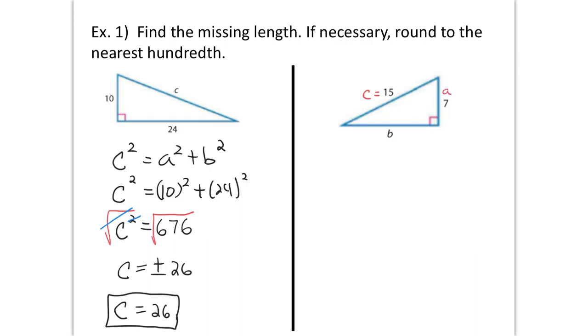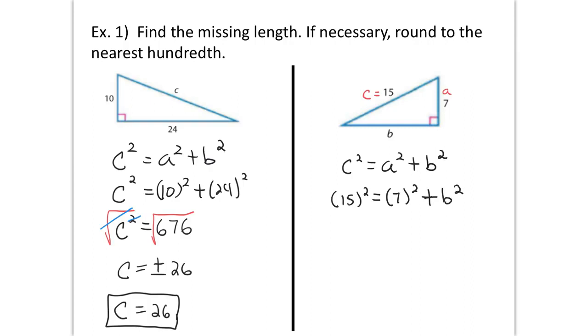When we use the Pythagorean Theorem, that's C squared equals A squared plus B squared. So I'm going to substitute the values that I know. I know C and I know A. I'm going to substitute 15 into C with the squared, and the 7 into A with the squared, plus B squared.